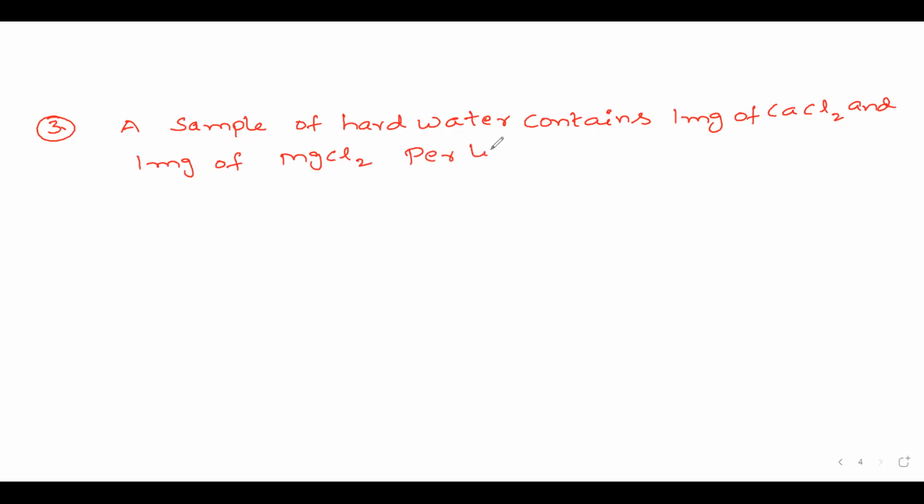Here, this is also very important: per liter. Liter means 10 to the power of 3 ml. We have to make it in 10 to the power of 3.